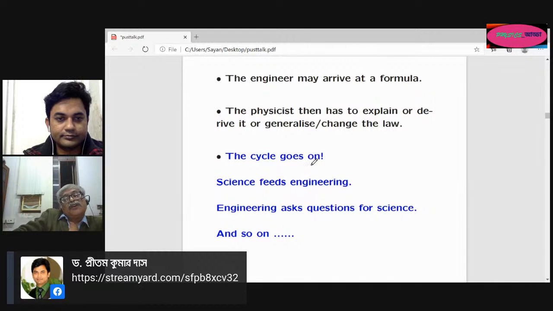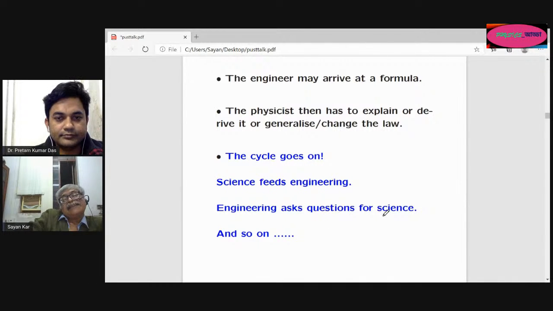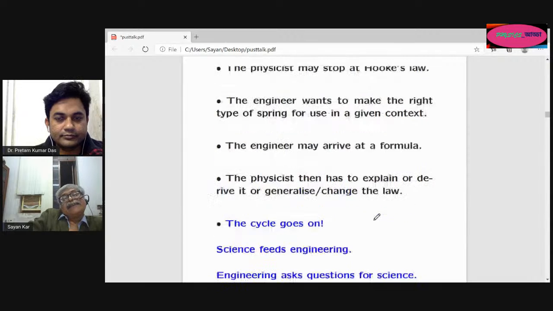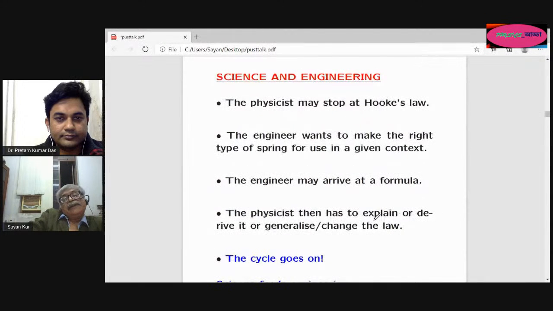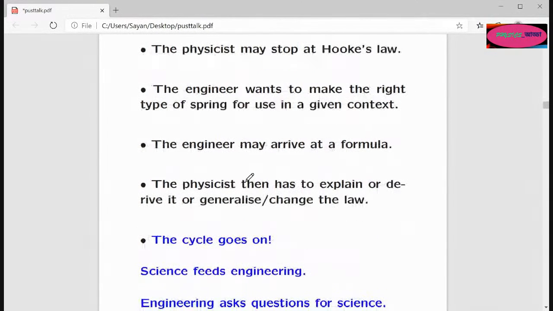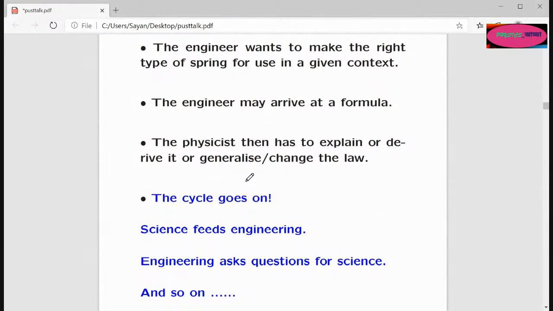The cycle goes on. Science feeds engineering, engineers ask questions for science. And it is the perfect harmony between the scientists and the engineers which leads to the development of various important technologies as well as important laws that are uncovered in the context of science.